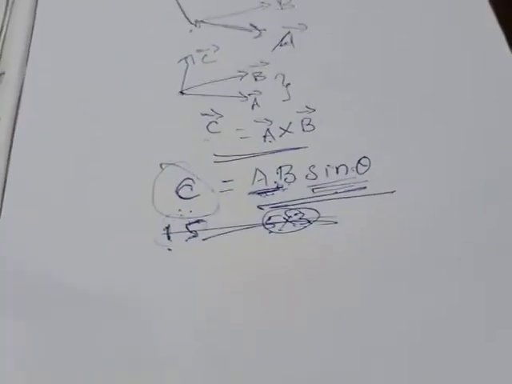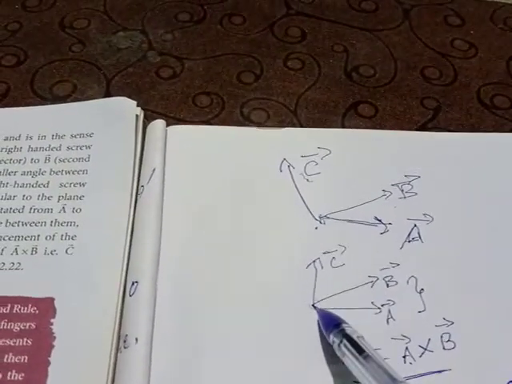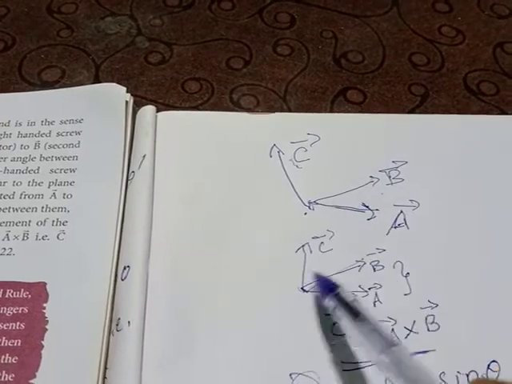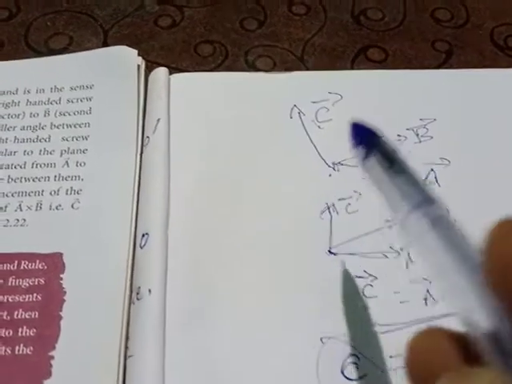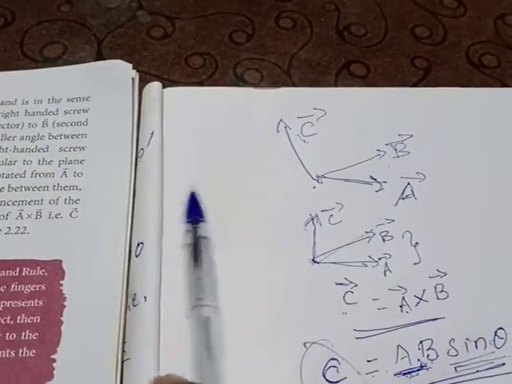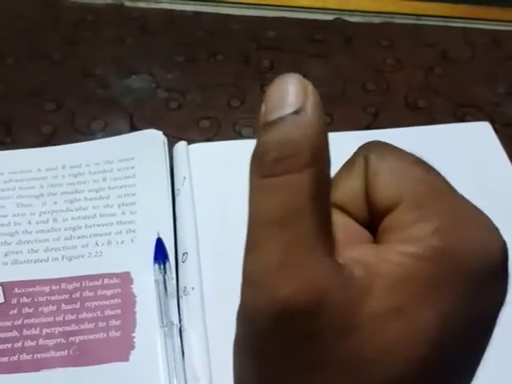And to know the direction of these three vectors, you can see A is in one direction, B is in another direction. So the resultant C is in a direction apart from these two directions. This we can indicate by using a right hand rule like this. Hold your hand like this. This is the right hand rule. You can fold your fingers.